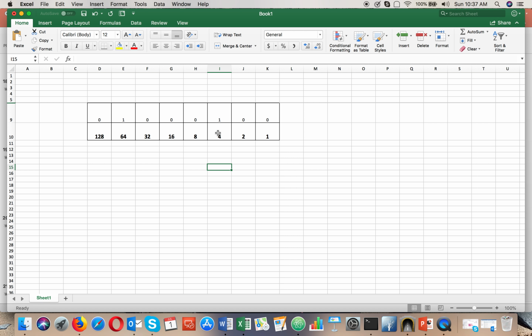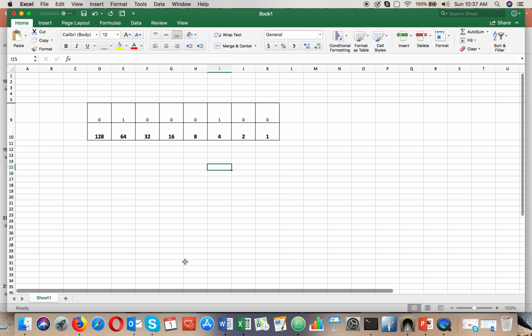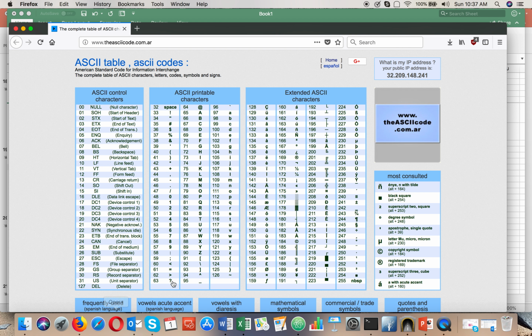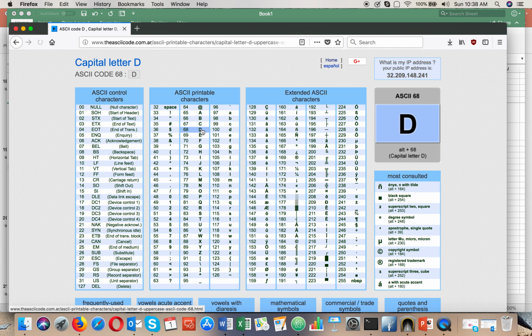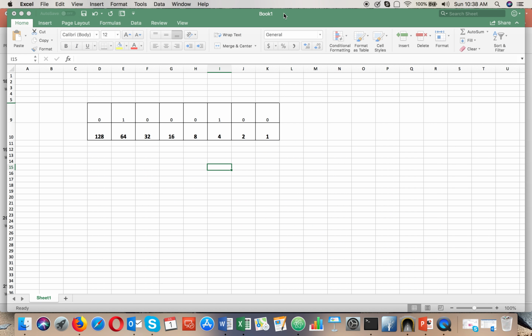Let's look at that on the actual ASCII table, character 68. And where is 68? Right there, letter D. This is a really nice diagram, actually, and that's the essentials of how we calculate the ASCII values.